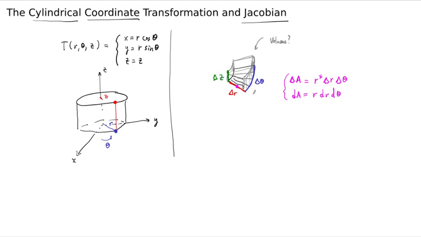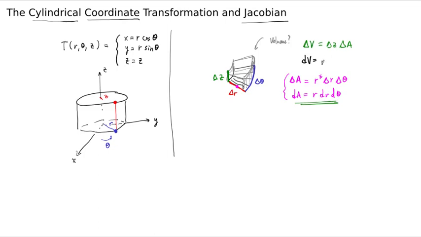delta z. And so our delta V should be the height times the change in area of the base. So tiny height times the tiny change in the area of the base, and as we remembered, the area of the base is given by this formula. So the cylindrical volume element dV should be dz times this.